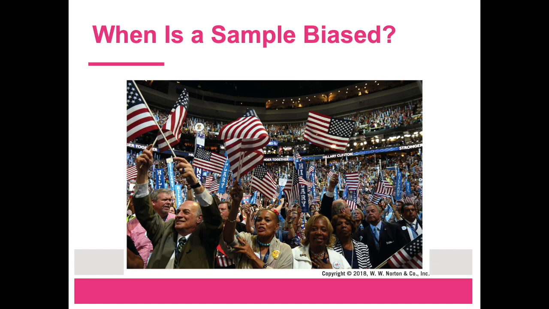There can be different backgrounds that make them very different from other Democratic voters. So it might not just be that they're more passionate. There could be loads of reasons why they're actually different from other Democrats in the state of Texas.